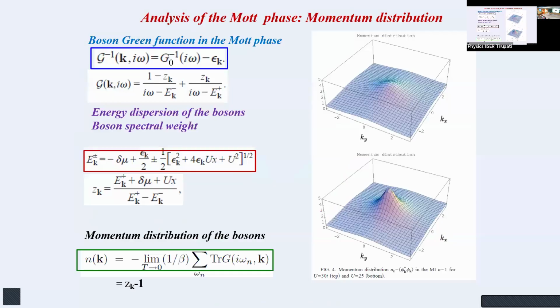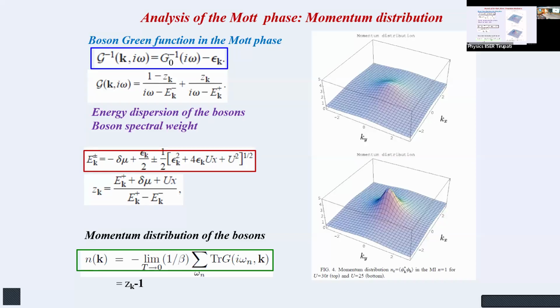There is another interesting thing that one can do, and I don't want to get into the details, but you can calculate the Green's function for these bosons in the strongly correlated limit. It's a slightly subtle calculation. From the Green's function, you can compute the expectation of anything. And here we compute the momentum distribution, keeping the experiments in mind.